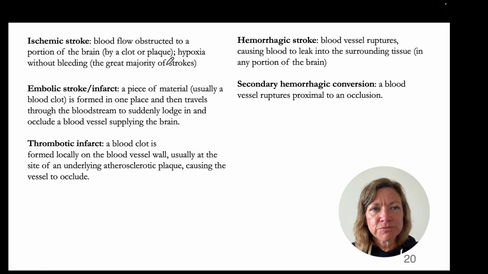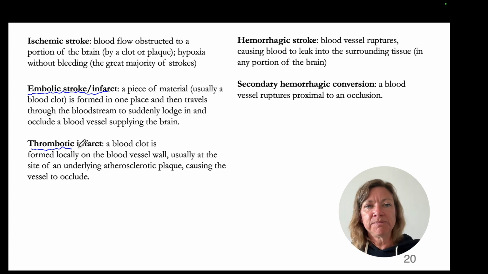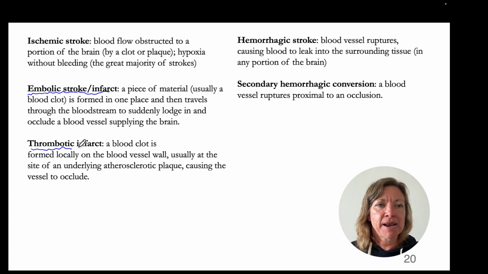Now, some other terms you might hear to describe ischemic stroke are an embolic stroke, or an embolic infarct, and a thrombotic infarct. So an embolic stroke is caused by an embolus, which is usually a blood clot, but it can be other things, that's formed in one place and then shoots through the bloodstream to suddenly lodge and block a blood vessel in the brain.